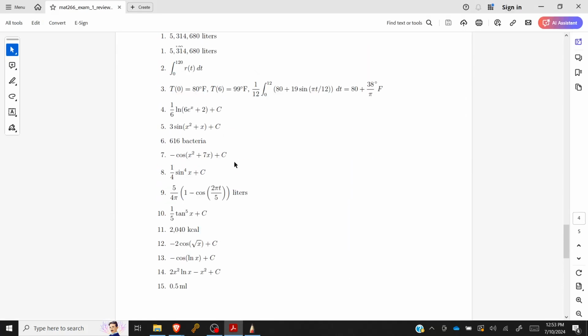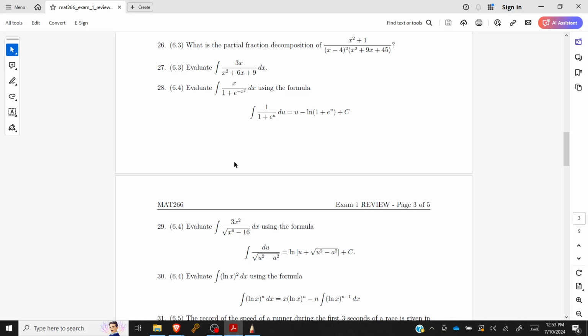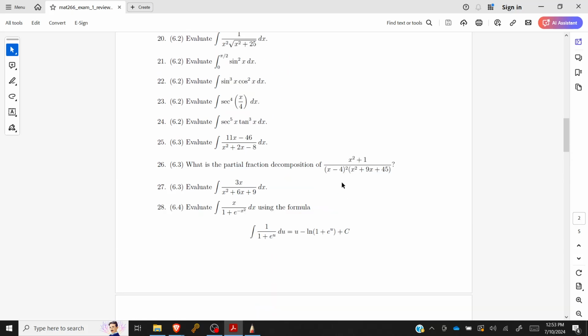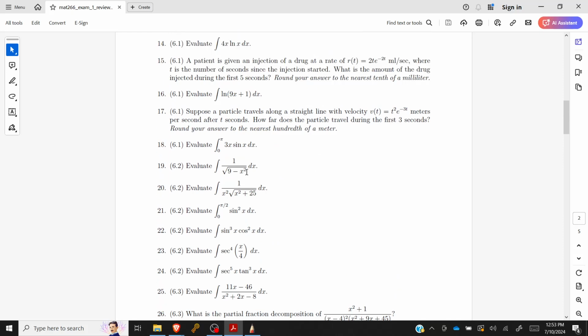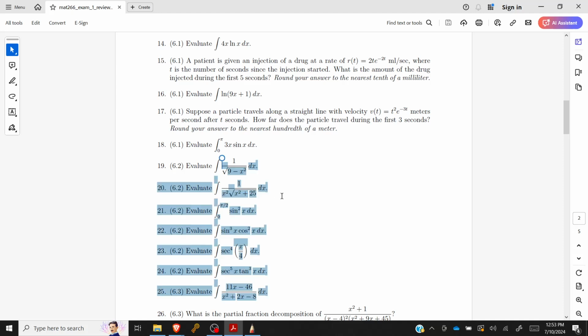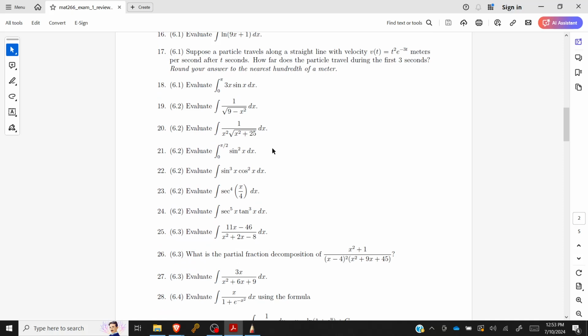Let's see if there's any more trig sub ones, because those can be kind of difficult to wrap your mind around sometimes. That's that. Oh no, I might be wrong here, but it looks like they only gave us 2.